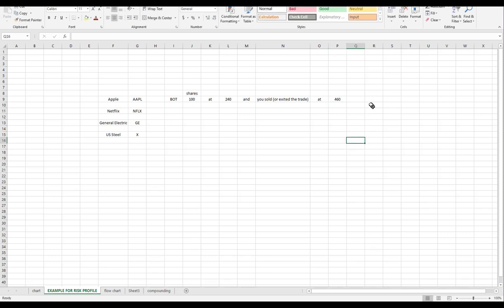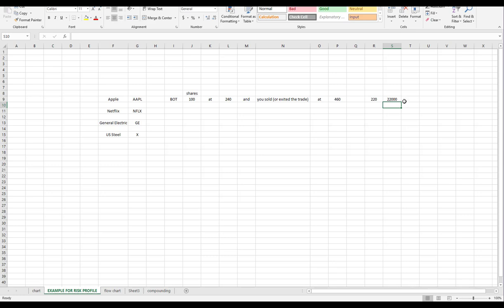So all you're doing is saying, if it was one share, you would get $460 for it minus 240, so you got $220. But you did 100 shares, so it's $220 times 100 shares. So you made $22,000. I know it's a lot of money.